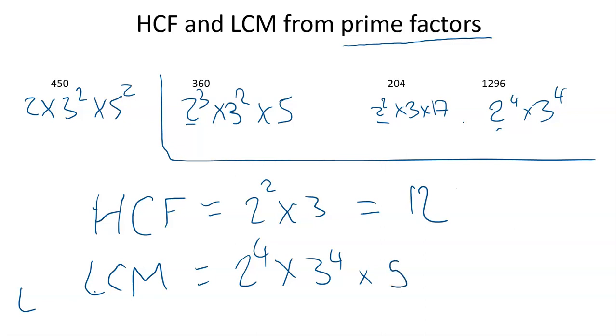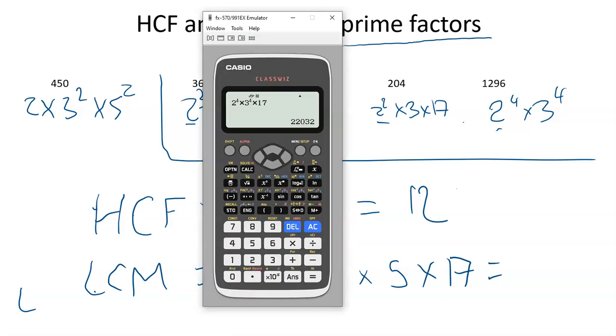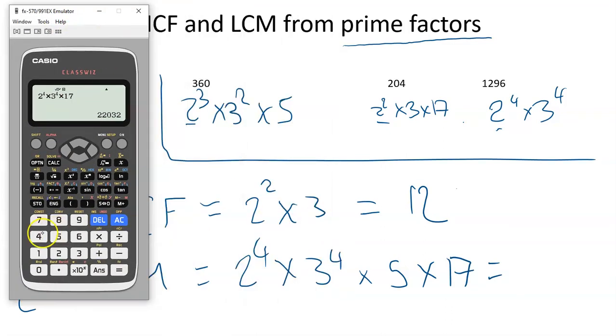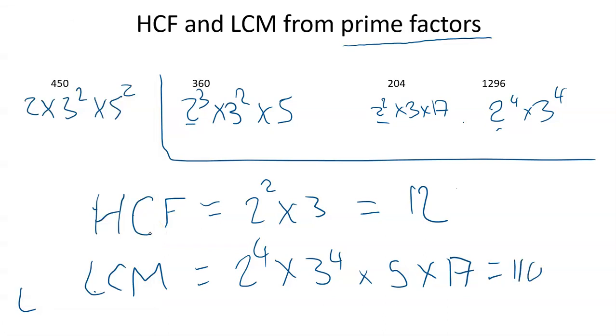And there's a 17 there that's not anywhere else, so I'll have the 17. And I think it's calculator time again to work this one out. 2 to the power of 4, arrow, times 3 to the power of 4, arrow, times 5 times 17. And that equals 110160.